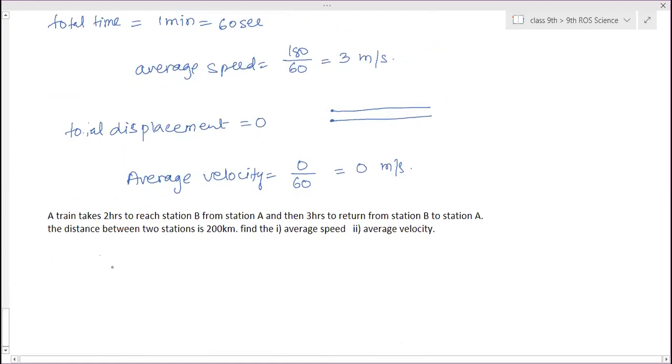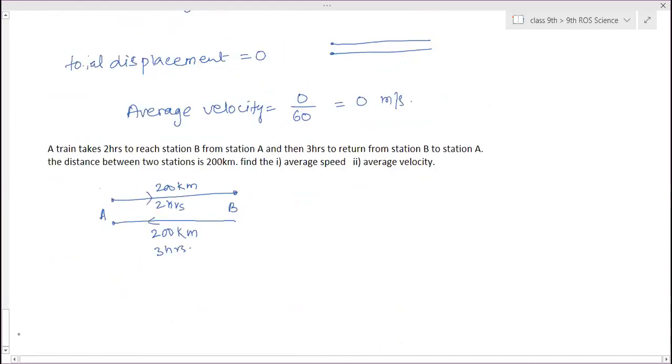Now here, the object is moving from A to B. Distance is 200 kilometers, covered in 2 hours. And again it is returning from B to A, so the distance remains the same, 200 kilometers. How much time taken? 3 hours.